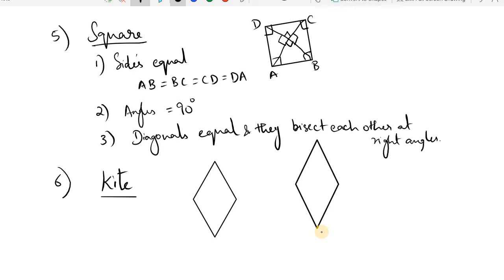Somehow it doesn't seem to be picking it up properly. Let me just draw it roughly and keep it like that. Just bear with me.